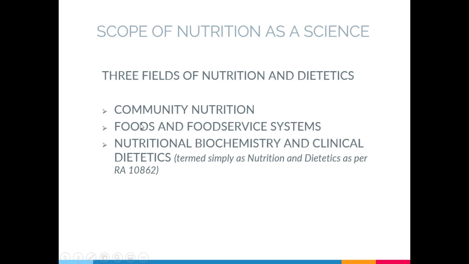Okay? Food safety is also placed here, no? Then here is the science of foods, food science, your basic foods in this area. Okay? And nutritional biochemistry and clinical dietetics.